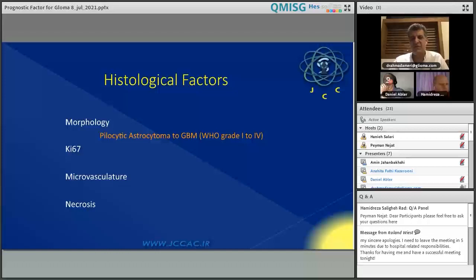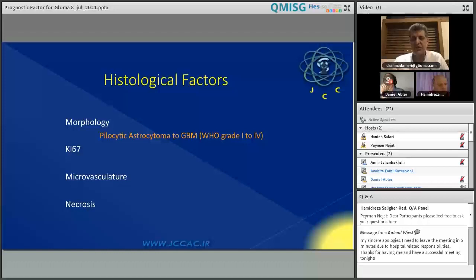We have several GBM and pilocytic astrocytoma low-grade cases, and we like to know about this classification. The new classification is very difficult for us at present to be familiar with for deciding about our patients.